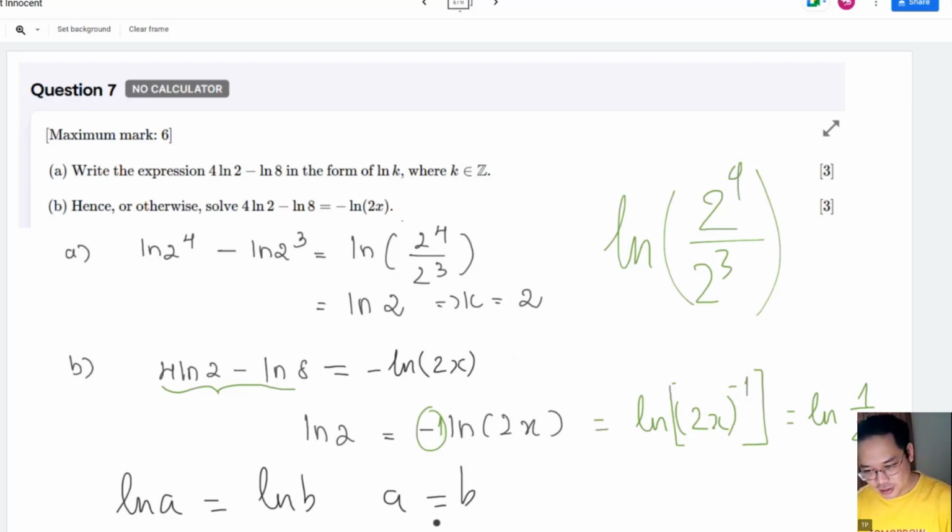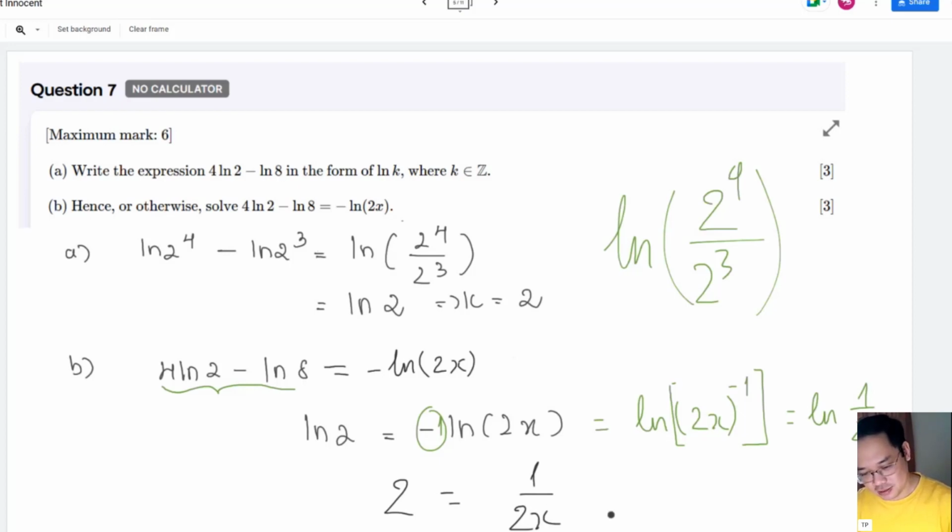A equal to B. So the last step of this solution is 2 equal to 1 over 2x. That's it. And therefore x is how many? 1/4, huh? 1/4. Yeah, this is the solution.